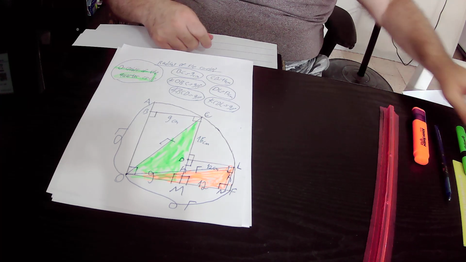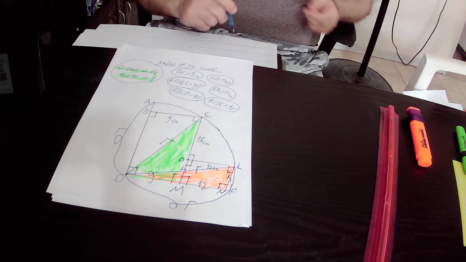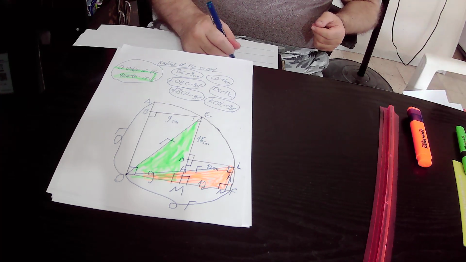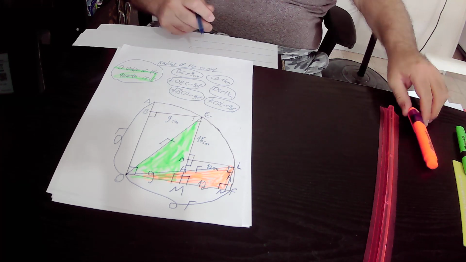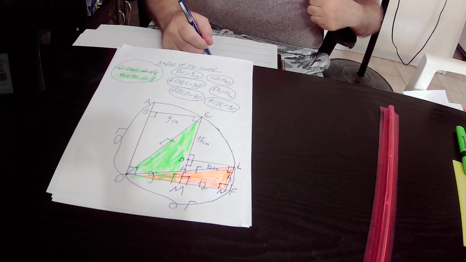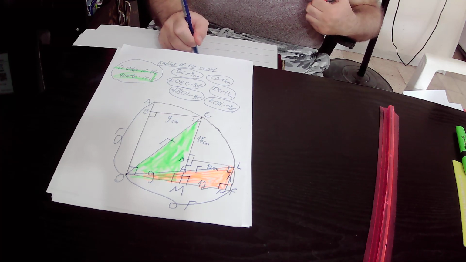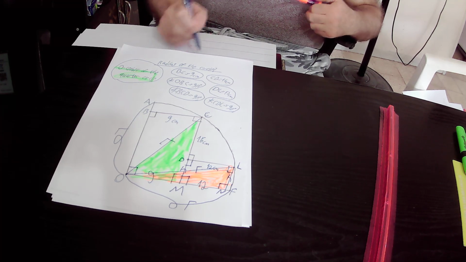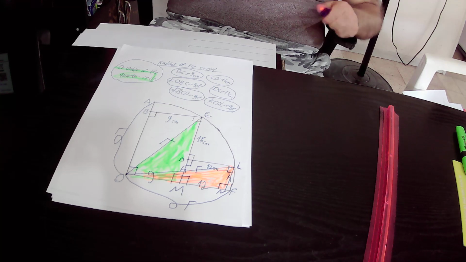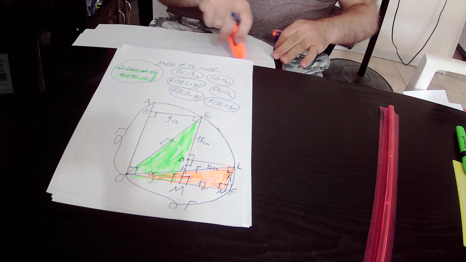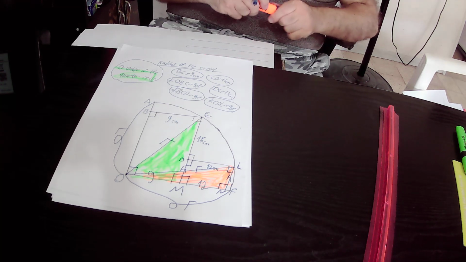In the right orange triangle ONL, by PT, the version for Pythagoras theorem, the square of the hypotenuse equals the sum of the squares of the perpendiculars.